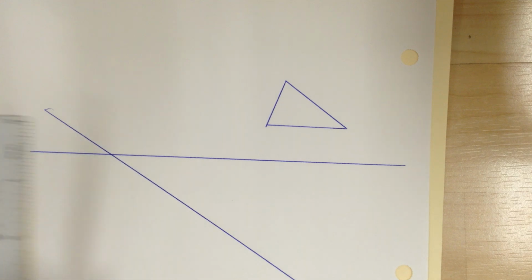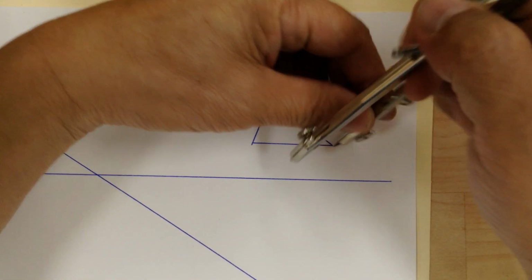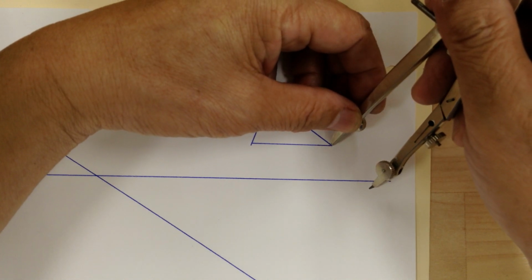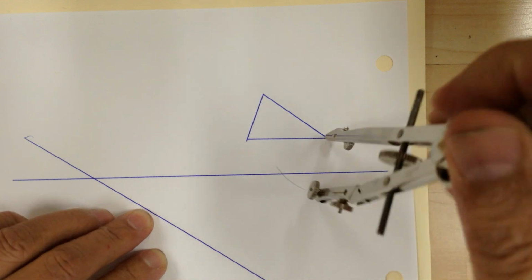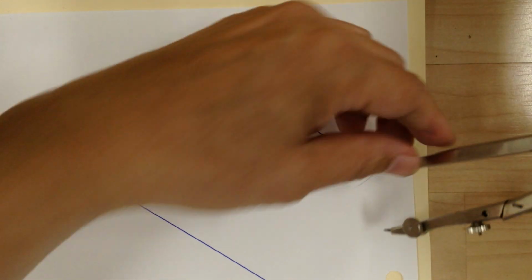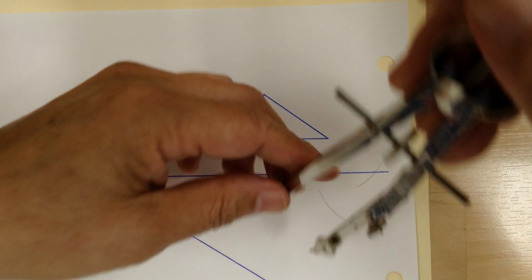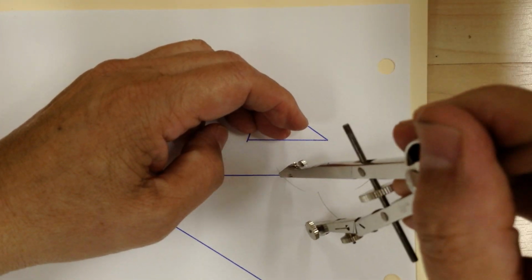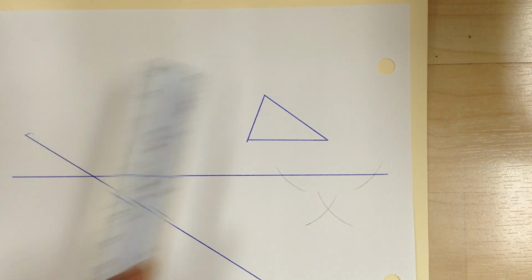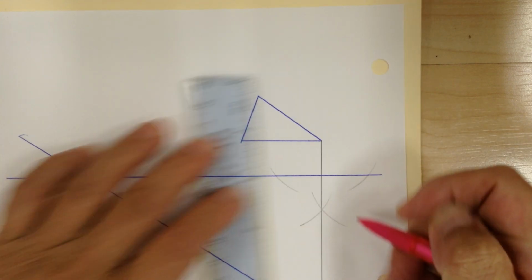So again, to do the reflection, let's go ahead and get the perpendicular line first. Make sure you know how to draw the perpendicular lines. So from here, you get that, right?